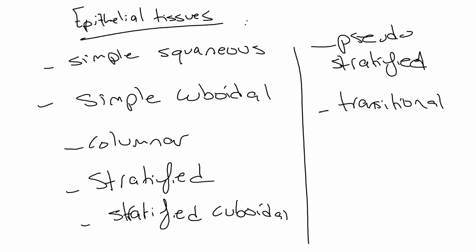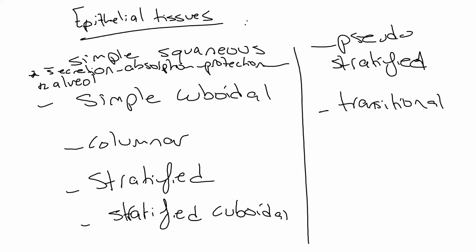So it has many functions, like secretion, absorption, protection, etc. One of the simple squamous examples is the alveoli, which contains simple squamous epithelial tissue, which is at the end of the lung.